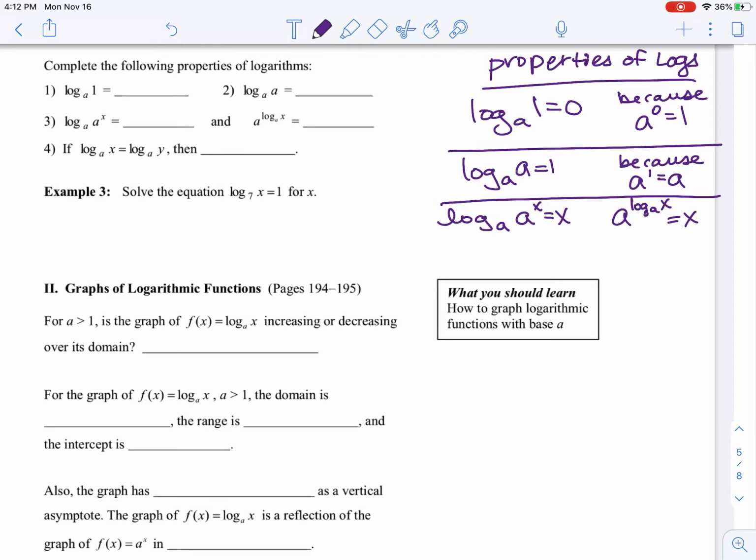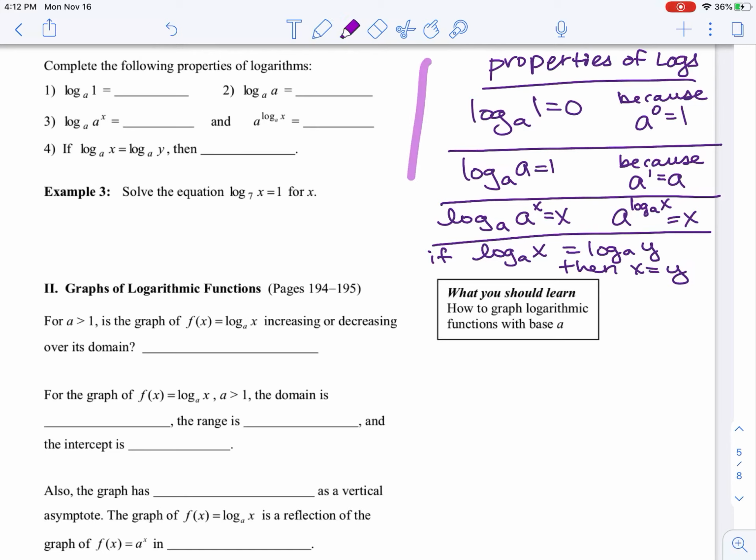Same as a to the log base a of x, they also cancel out. And then we also know if log base a of x equals log base a of y, then x equals y. Okay, so there's our properties of logs that you want to have written down right here. So let's go ahead and fill in this chart right here.